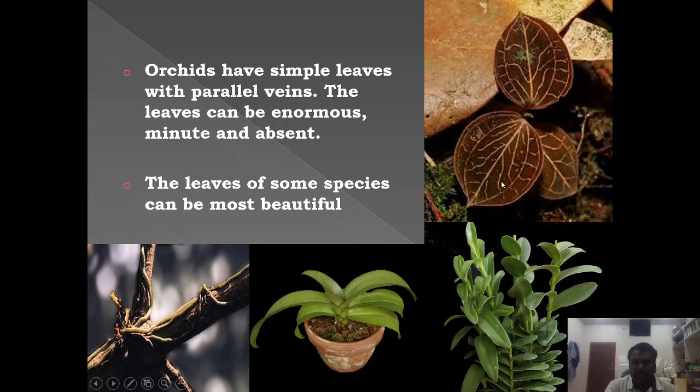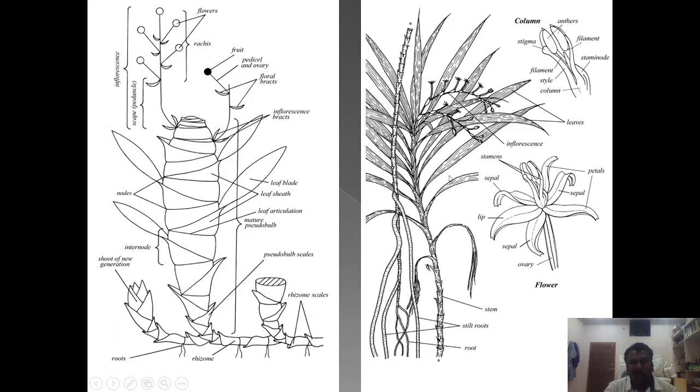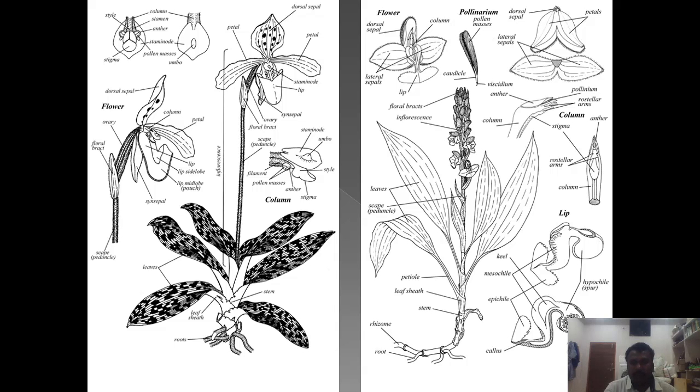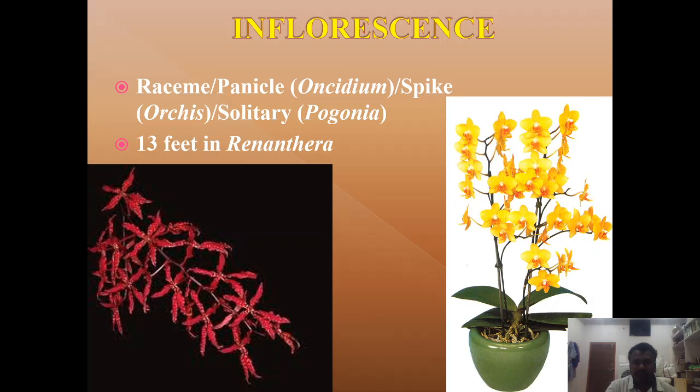Here we can see the shape and sizes of the leaves. Now these are the different habitats of the orchids. You can see the branching nature here. Here are other photographic or diagrammatic pictures of Orchidaceae.